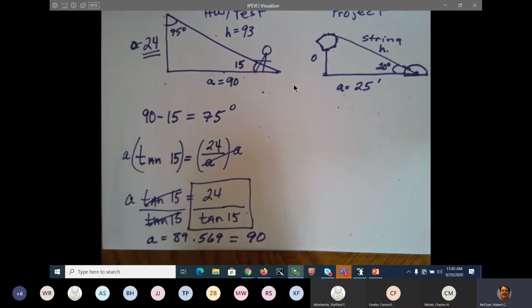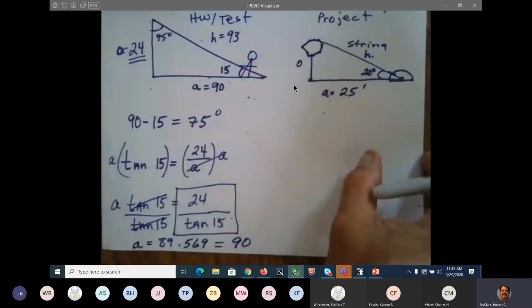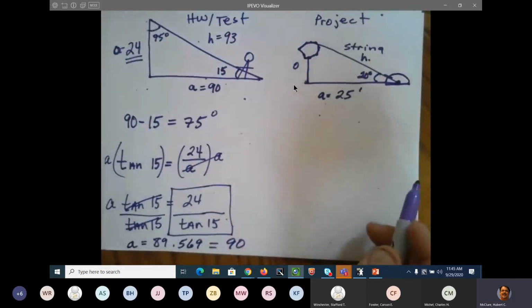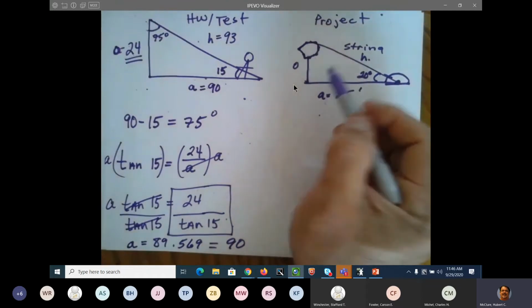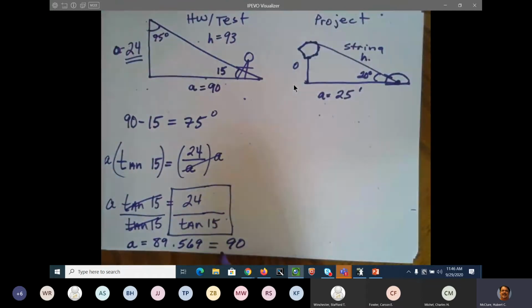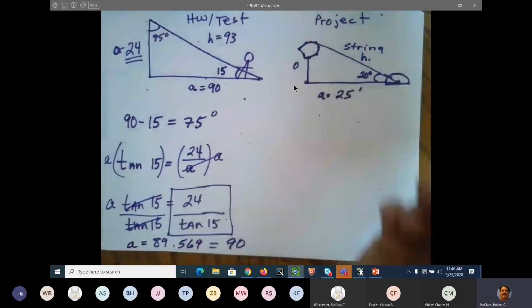All right, so now let's do the project example. The project example: Johnny found, across the street in the parking lot of his apartment complex, there's a sign that says do not whatever.